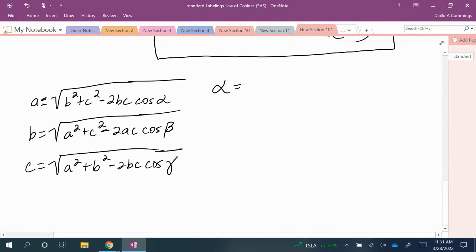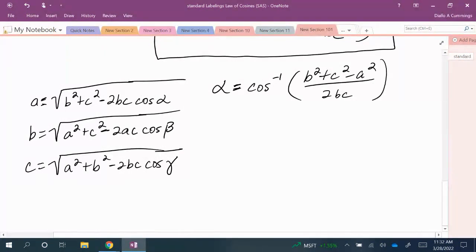Alpha is equal to the arc cosine of b squared plus c squared minus a squared over 2bc. Let me spread these out just a little bit.